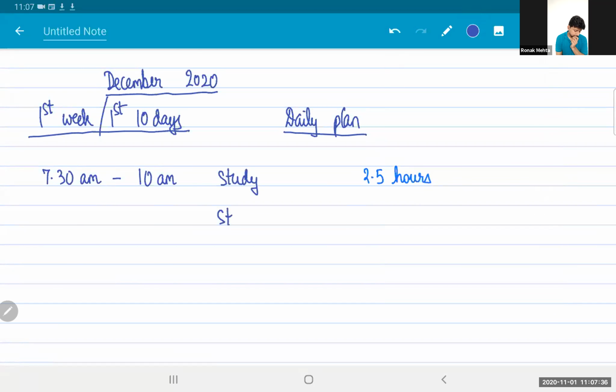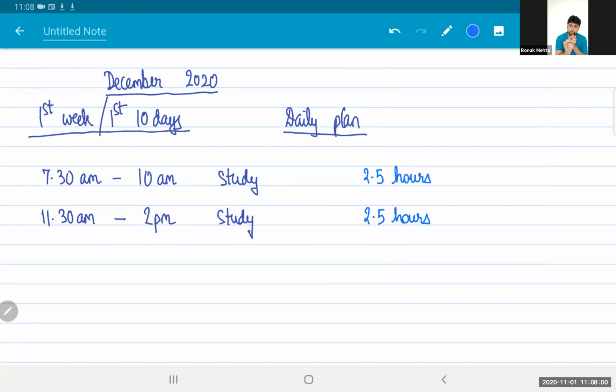Then you take a 1.5 hour break from 10 to 11:30. Then you start studying at 11:30 and devote another 2.5 hours, up to 2 p.m. Have your lunch.